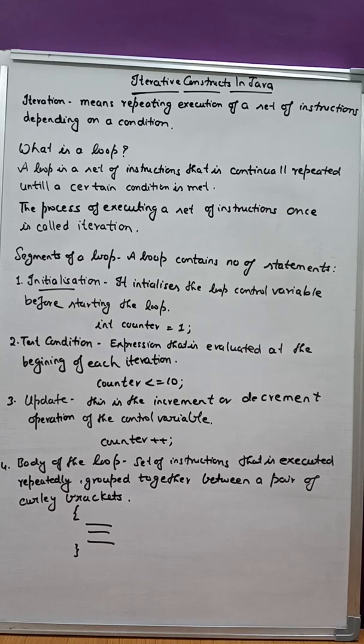In a similar way, in this chapter on iterative constructs in Java we will discuss what happens if we have to do a process more than one time. Like if I say you have to reach from point A to point B and do the same thing 10 times, in the normal sense you would just move from point A to point B 10 times.